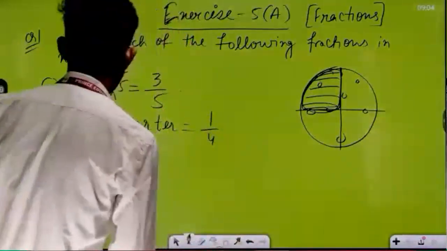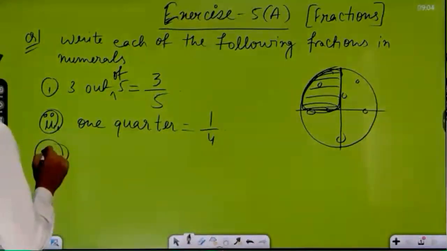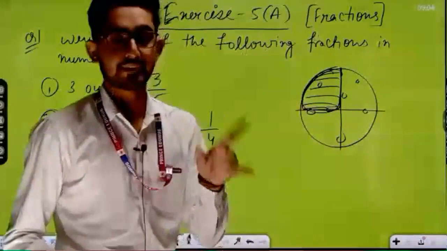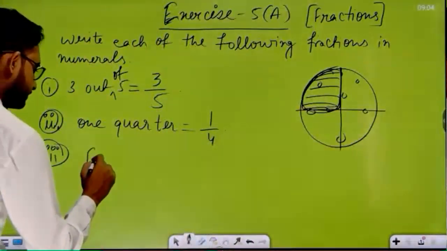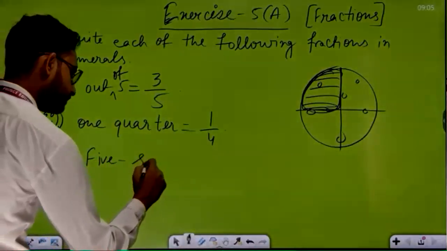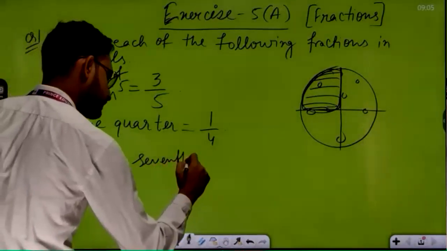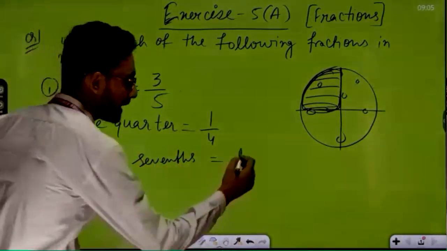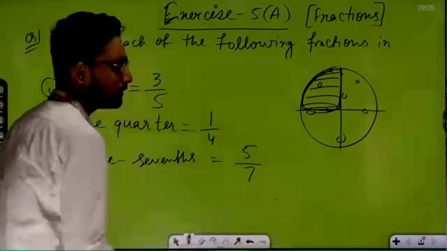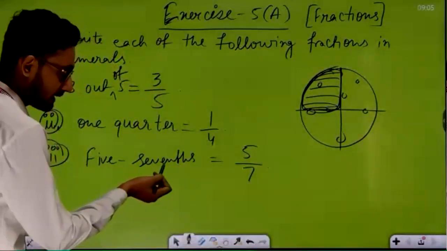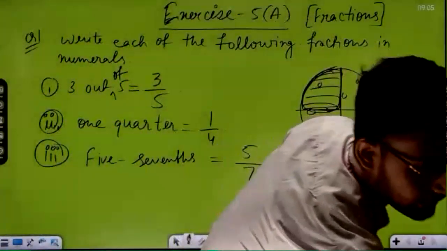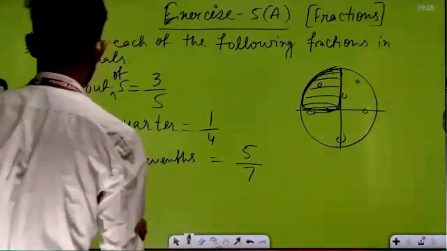Now next question, third part. 5/7. So 5/7 means how will I write it down? 5 upon 7. That only. This is very important, not 7, but 7th. TH comes at the end. Okay. Now we'll take the next question.